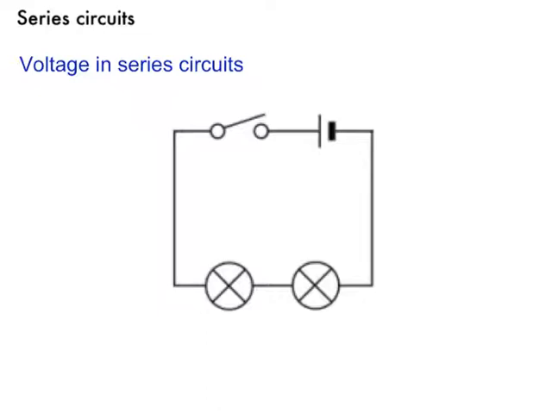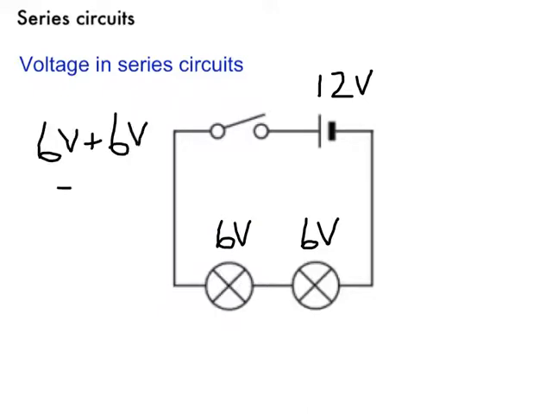So each electron that passes through it transfers a certain amount of energy, and that's what the potential difference is a measure of. Since each one of these electrons then passes through this bulb and then that bulb, the amount of energy it gets up here, or the potential difference up here, is shared between the two bulbs. So if the potential difference of this cell was 12 volts, the potential difference across each bulb will be 6 volts across this bulb, 6 volts across this bulb, and you can see that 6 volts plus 6 volts is going to be equal to 12 volts across there.